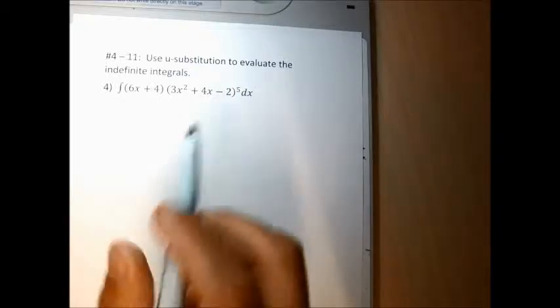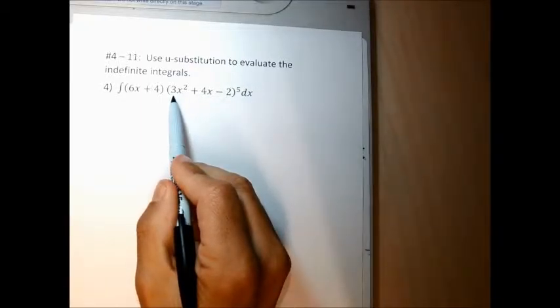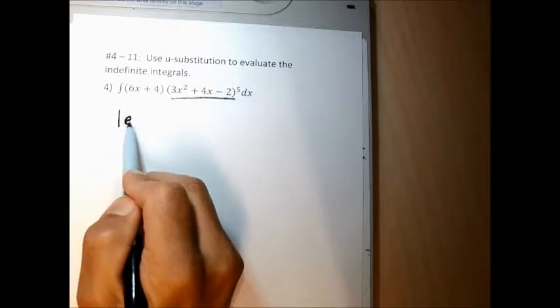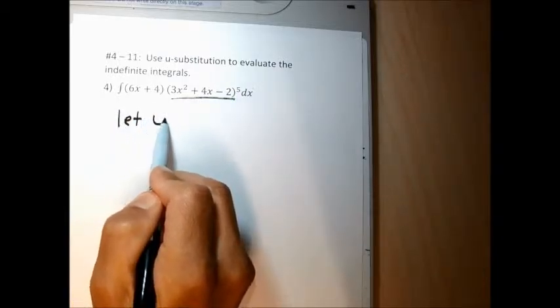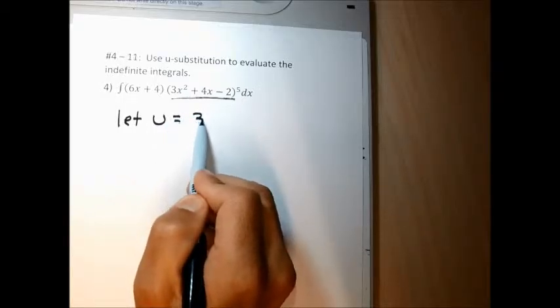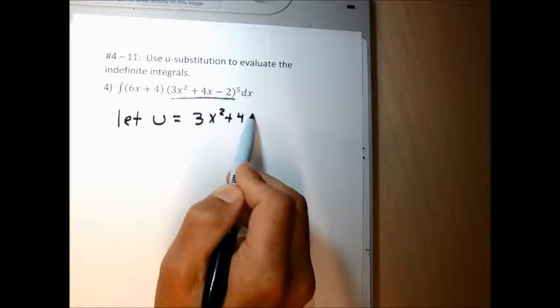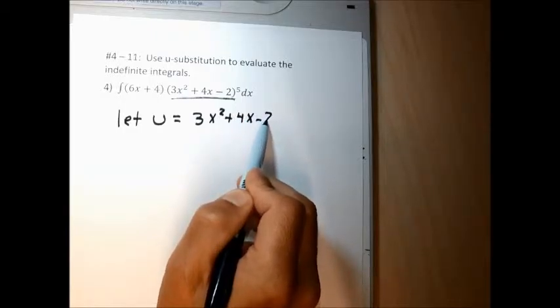And so for number 4, when there's a parentheses with an exponent, you generally let the u be the contents of that parentheses. So I'm going to let u equal 3x squared plus 4x minus 2.